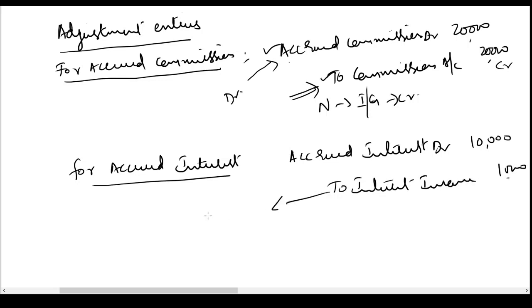What's the logic? We have earned the income, hence nominal account, incomes and gains, credit. The person who has to give this money is a receiver of my money, debit. He has not given me my money, that means he has received my money. So I'll debit him.